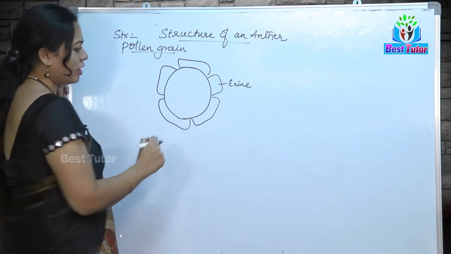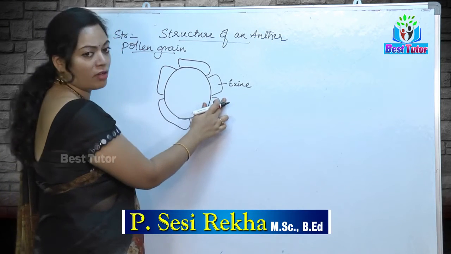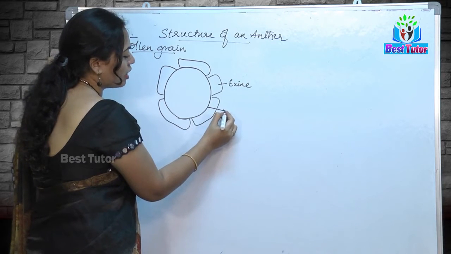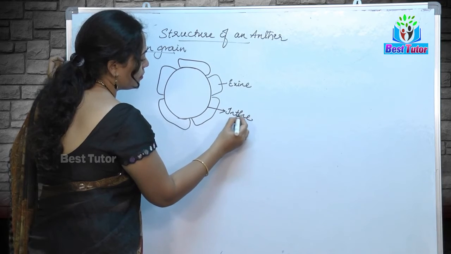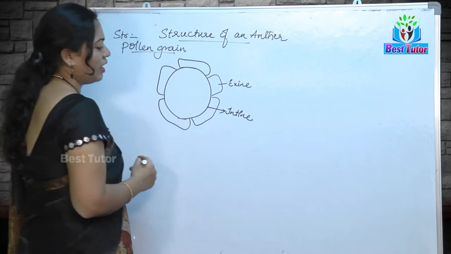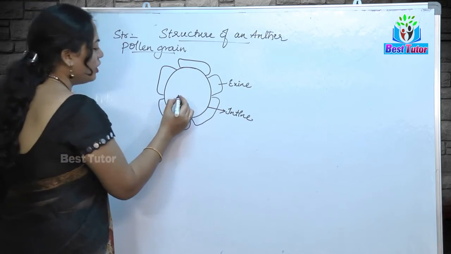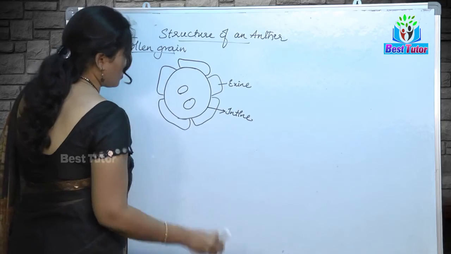Now, the structure of the pollen grain we are studying. Here if you examine, each pollen grain will have an outer membrane covering known as exine and an inner covering known as intine. Exine and intine, and inside this male gamete we have two nuclei.